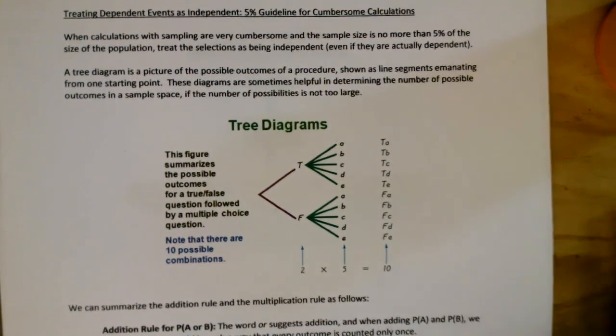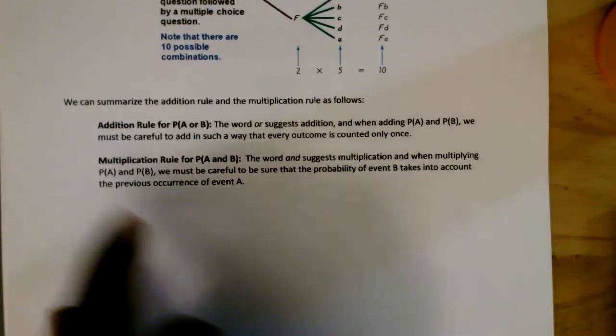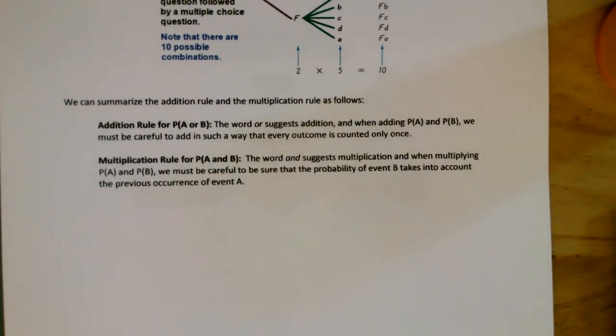Okay, and now we can summarize what we just got through talking about in section 4.2. The addition rule for the probability of event A or B: the word or suggests addition, and when adding the probability of event A and the probability of event B, we must be careful to add in such a way that every outcome is counted only once.